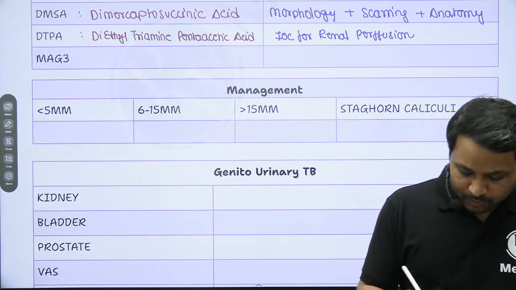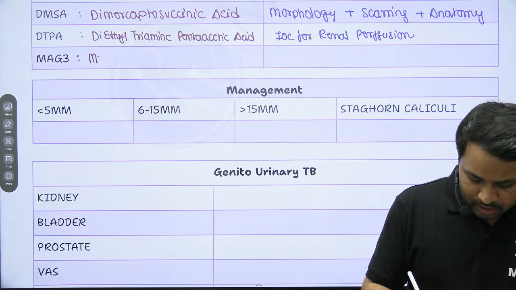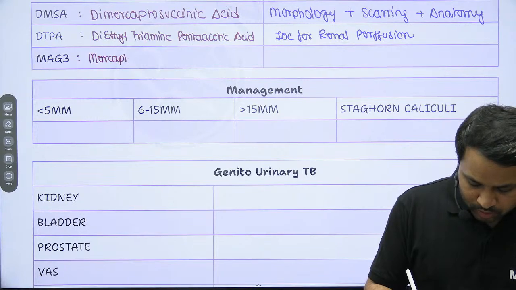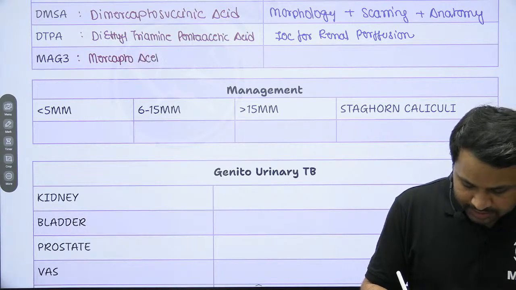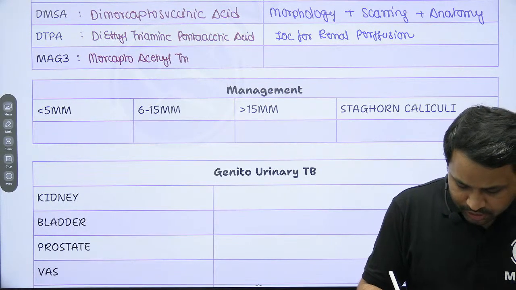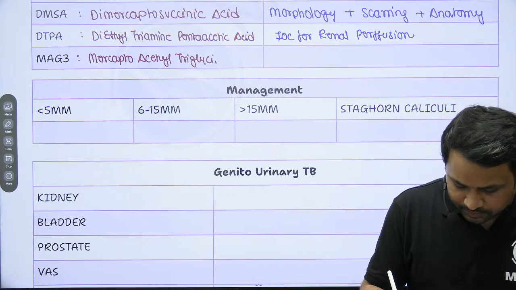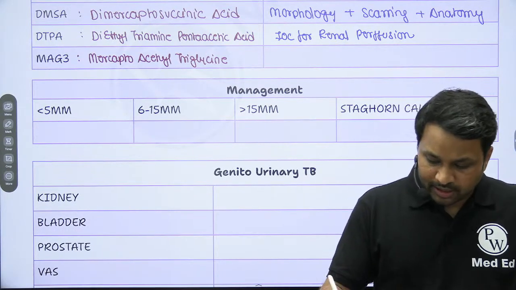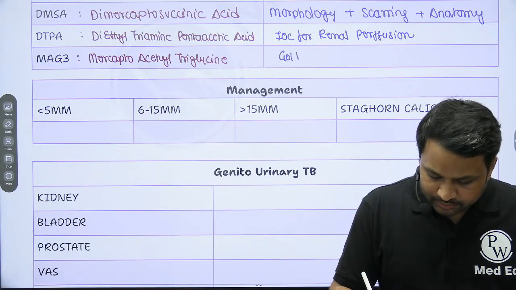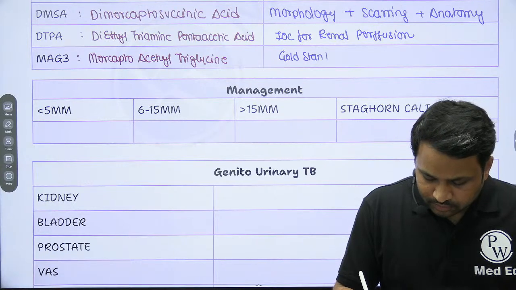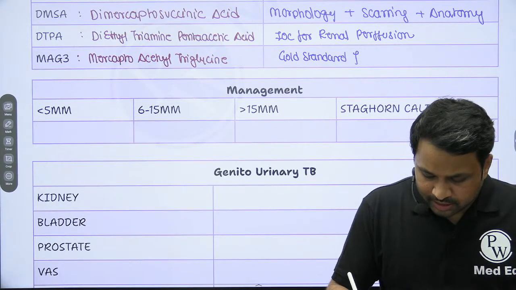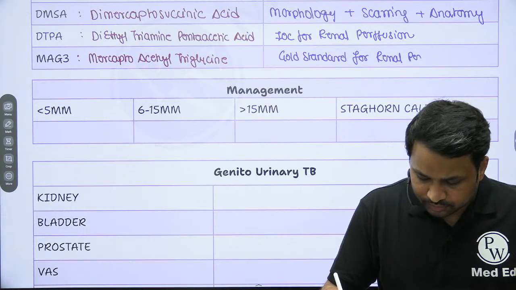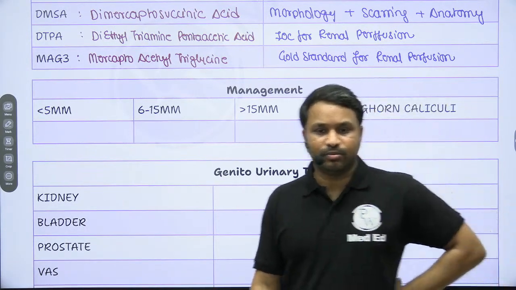MAG3 is mercaptoacetyl triglycine. Now when you talk about mercaptoacetyl triglycine, this is the gold standard for renal perfusion. Okay?